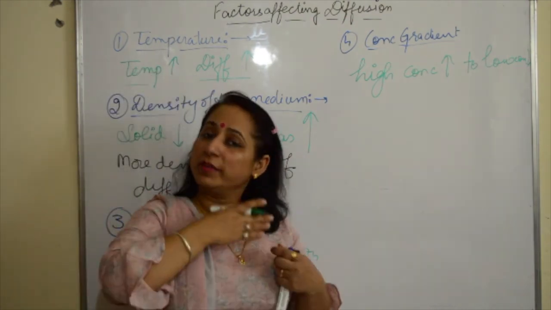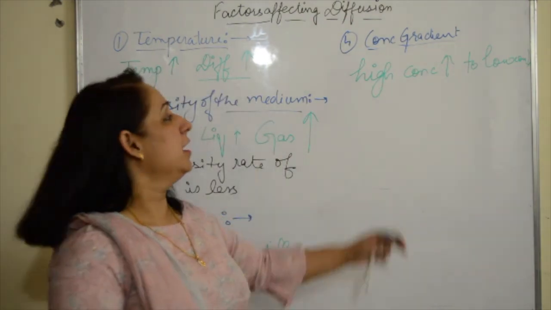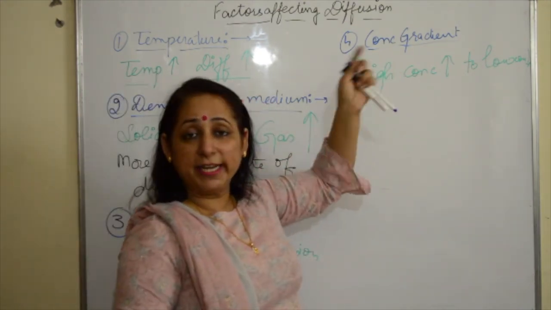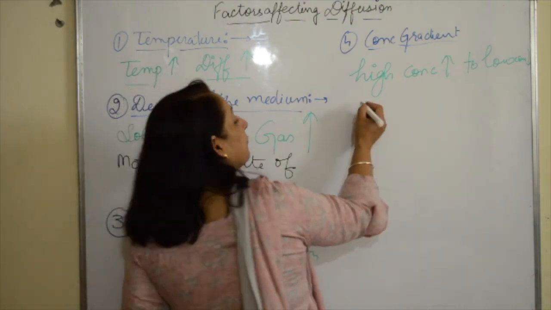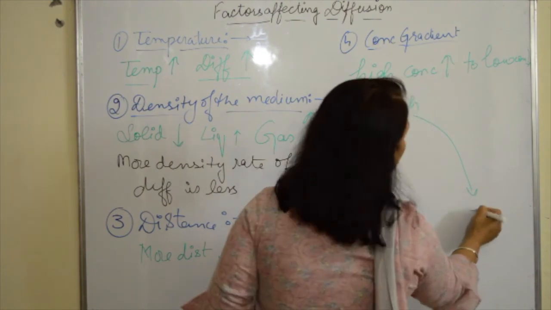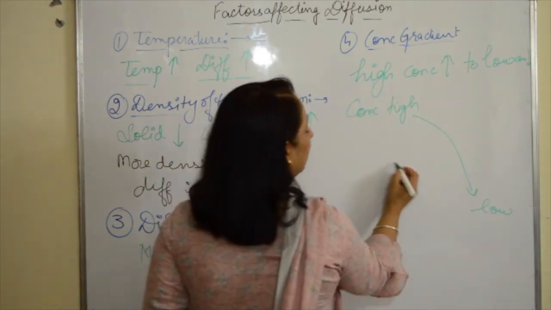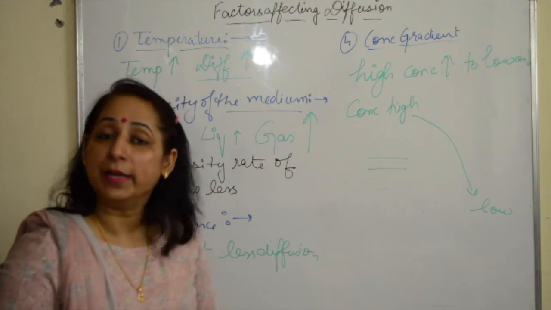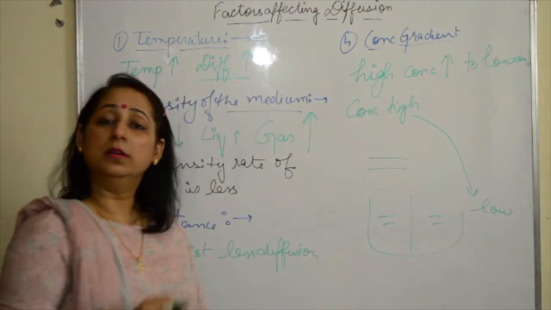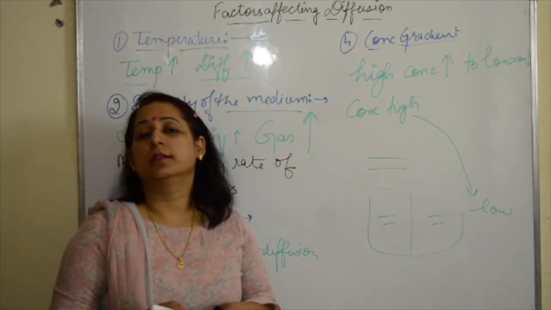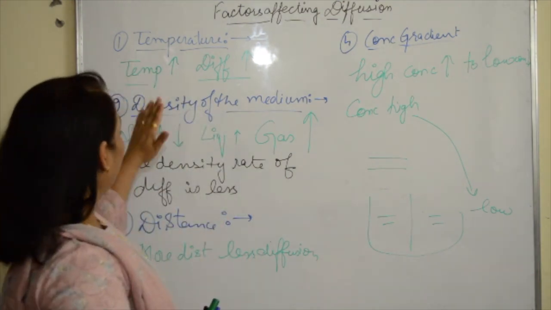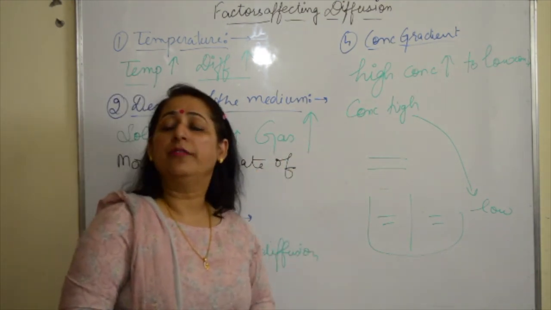So the movement will always be along the concentration gradient, from high to low. So how does the concentration gradient affect the rate of diffusion? If the concentration is high, then the diffusion is going to take place between both of them till they reach equilibrium, till a balance is there on both sides, between both the solutions or whatsoever the material is. So these are the four factors which affect the rate of diffusion.